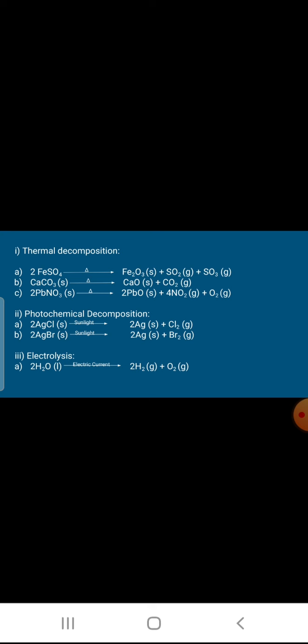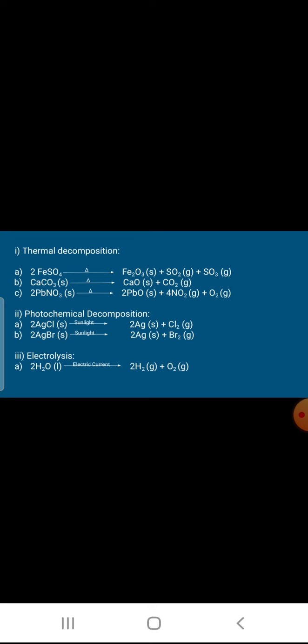Here, next is the photochemical decomposition. Photochemical decomposition means by providing energy in the form of sunlight.